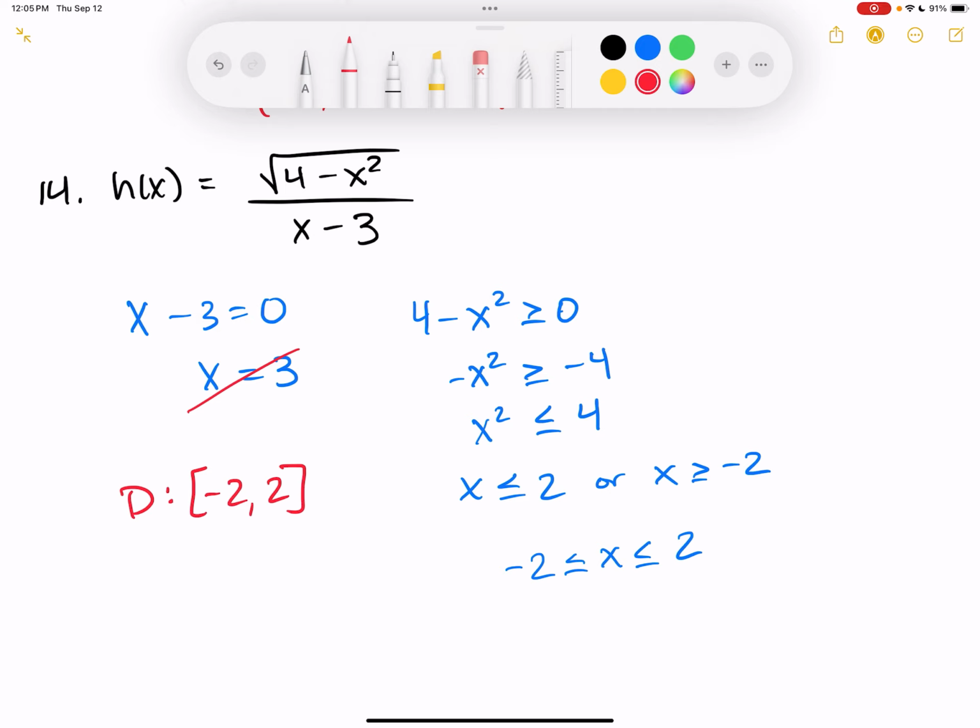Any questions about those ones? All right, next thing is determining if the function has a point of discontinuity at x equals 0. If there is, tell if it's removable or non-removable.